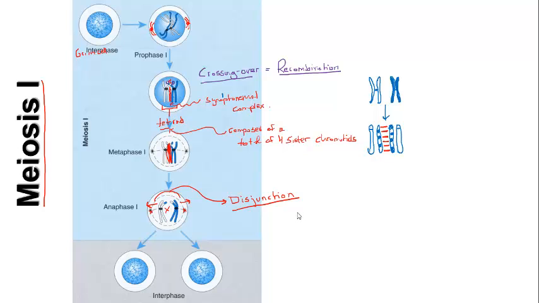In rare cases, both homologous chromosomes within a single tetrad can fail to separate. So if they fail to separate, an entire tetrad may go to one pole of the cell, or it may be pulled to the other pole of the cell.